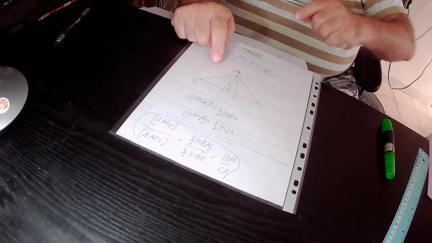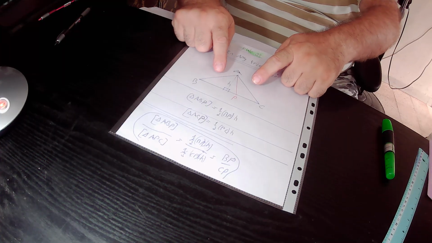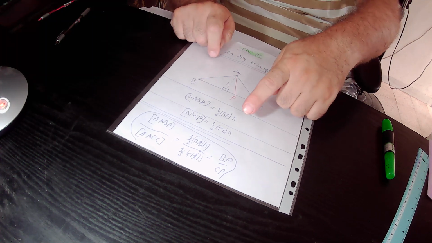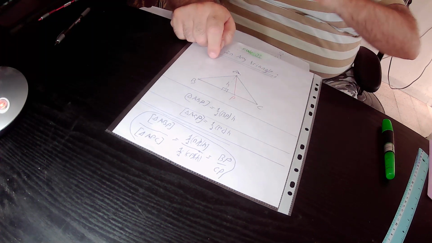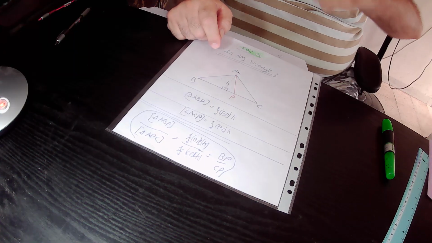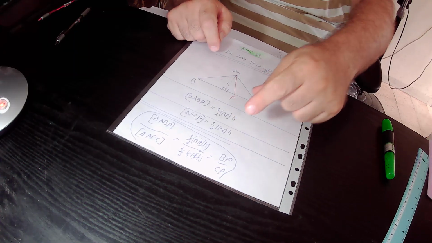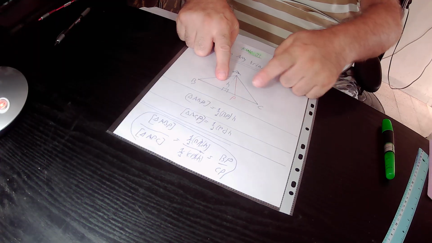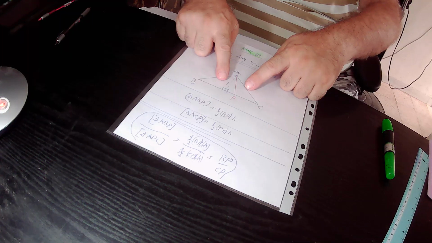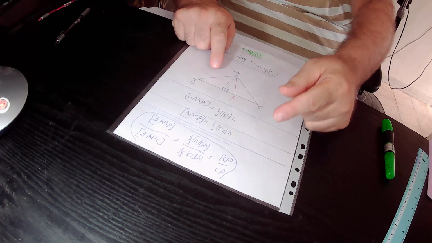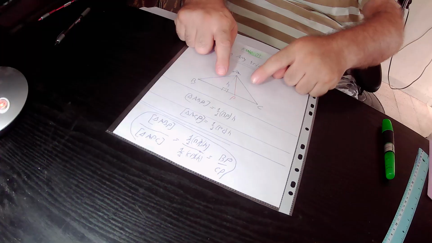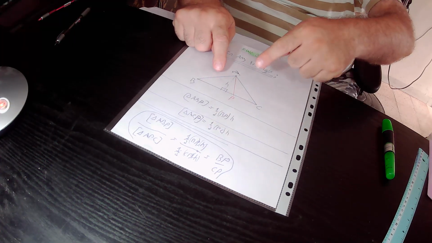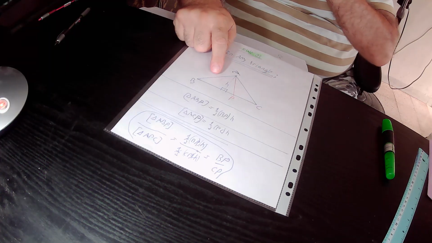Both small triangles have the same height h. So those two expressions are the areas of those two small triangles. So the ratio between the areas of those two small triangles is of course the ratio between those two expressions, because those are the areas of those two small triangles. So what is the ratio between those two expressions that are showing the areas of those two small triangles?